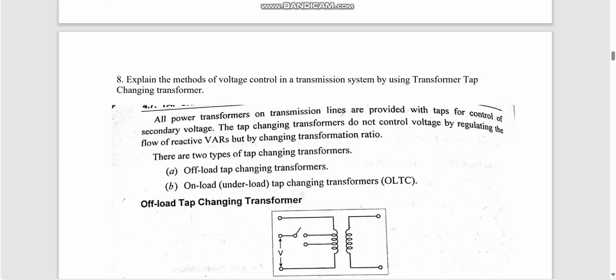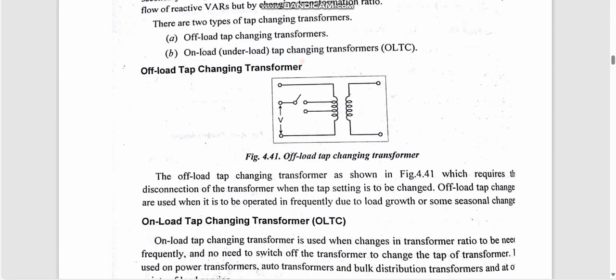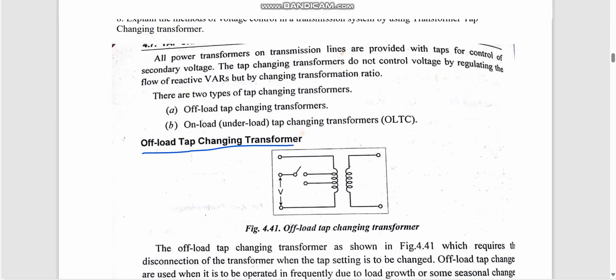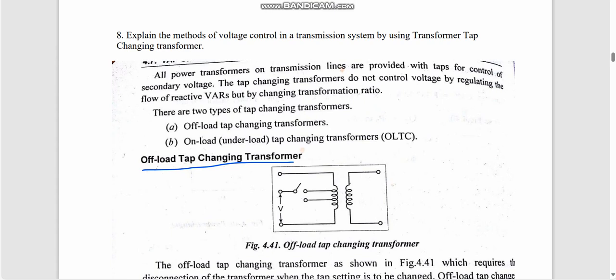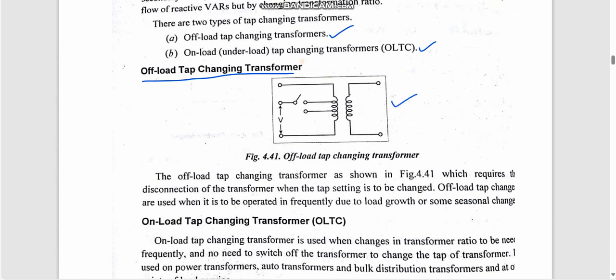Okay. Next, we enter into the 8 mark question. That is, explain briefly about on-load and off-load tap changing transformers. We already know that there are 2 types of tap changing transformer: off-load and on-load. This is the diagram for the off-load tap changing transformer.